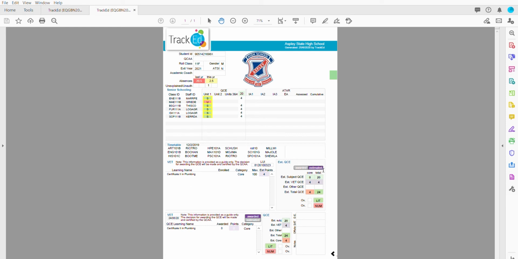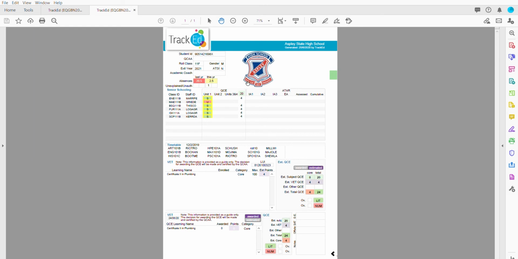That is based on how students are at that point in time and those trends continuing for their accumulation of QCE points. Due to this unsatisfactory tracking information at the moment in relation to Maths Essential, you will also see that the numeracy information down the bottom here is showing as red or pink, which means that the student also has not received a numeracy component towards their QCE.